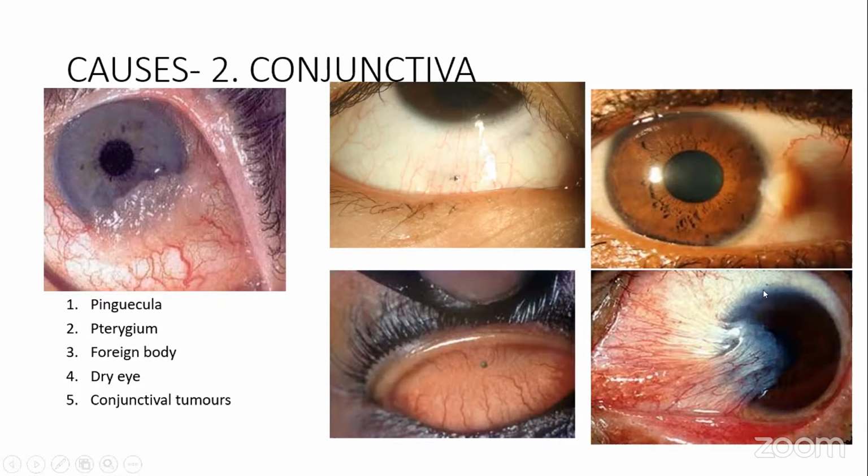The dark portion we see in the photograph is the cornea. So this growth from here onto the corneal surface is a pterygium. It is very common in our parts, I mean places in the tropics, because of sunlight. It typically results from UV exposure.